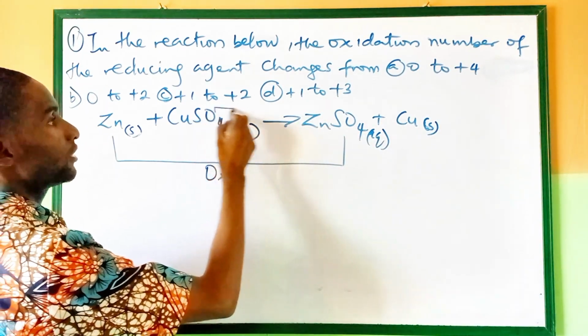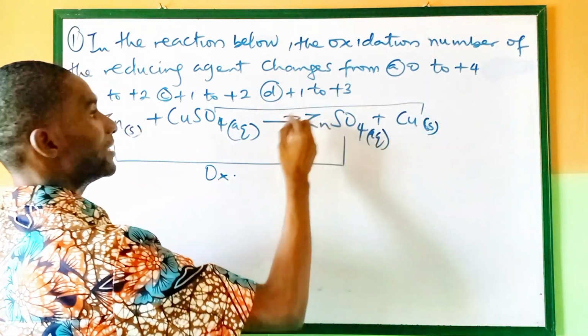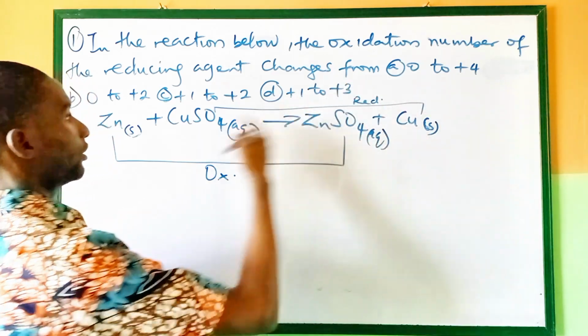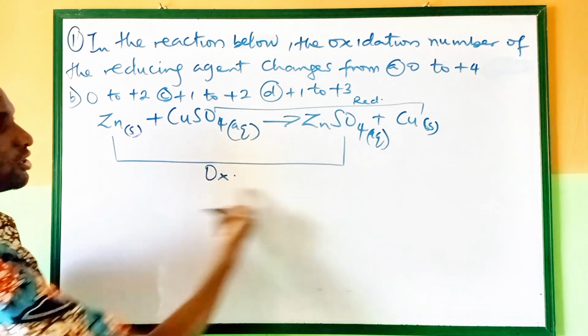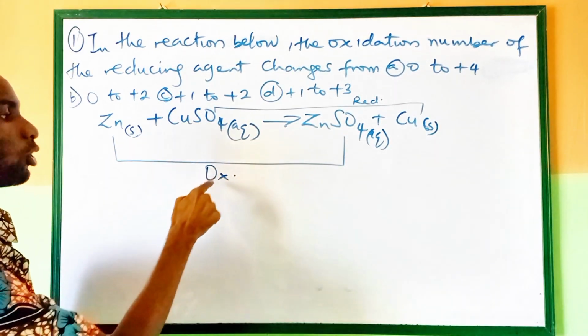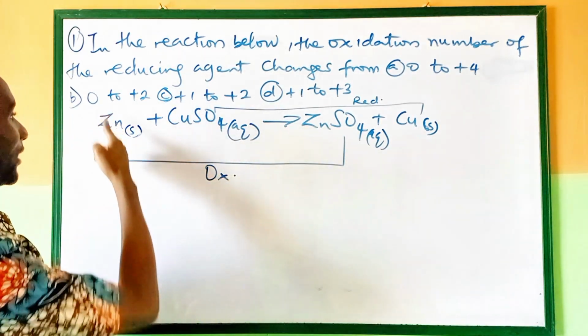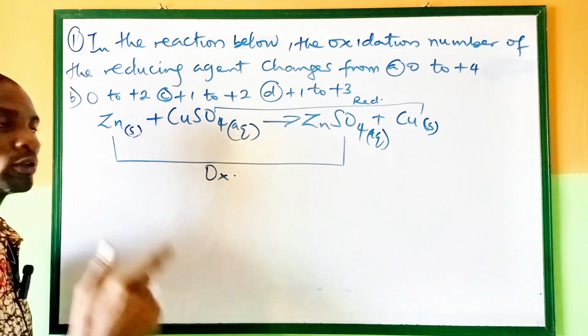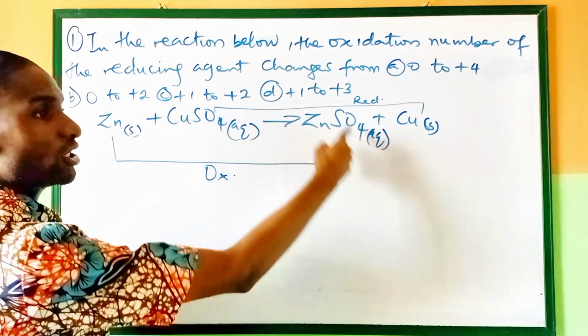So that means this is our reduction chain. Reduction had happened here, oxidation had happened here. Now, another point to note is this: you cannot find an oxidizing agent in an oxidation chain. You can only find a reducing agent in an oxidation chain.